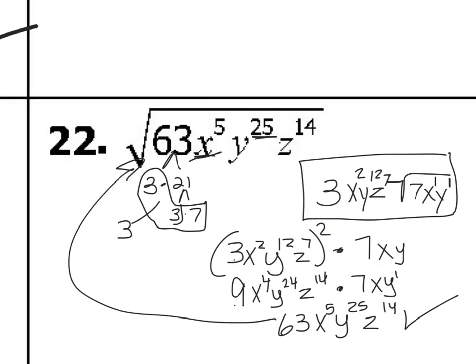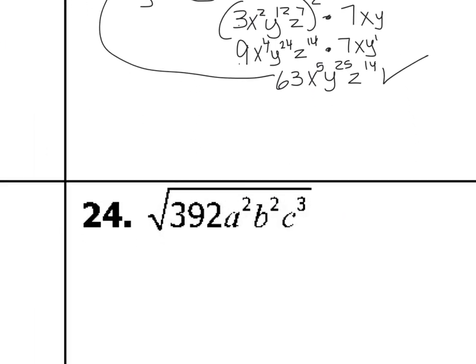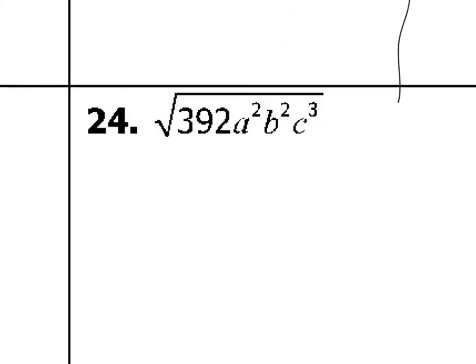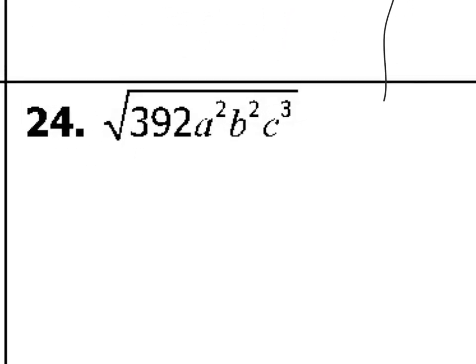And let's do one more. 392. So let's do 2 times 196. And then 2 times 98, which is 2 times 49.